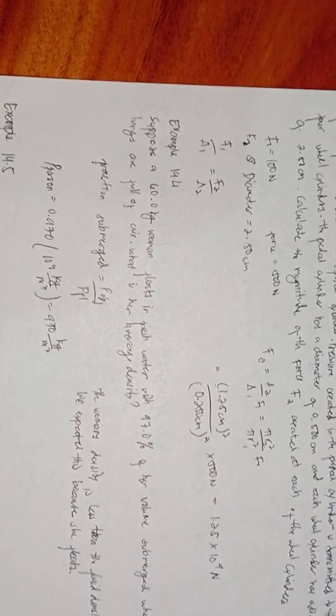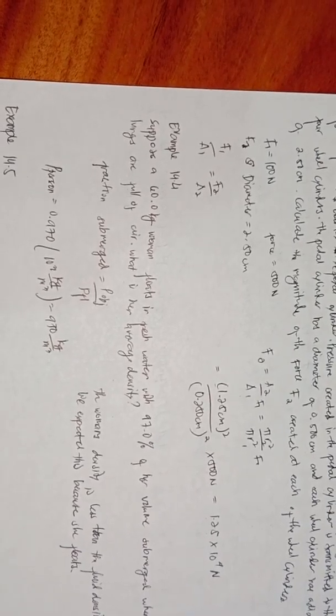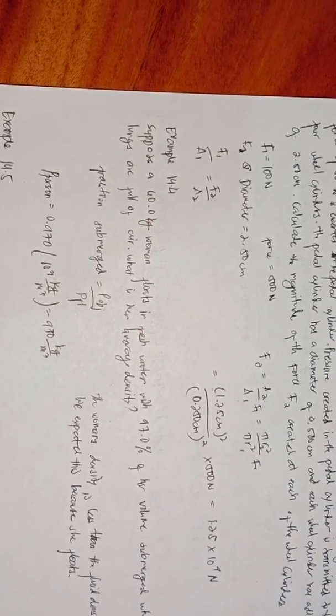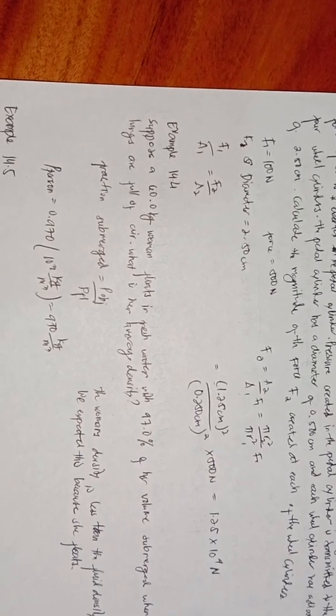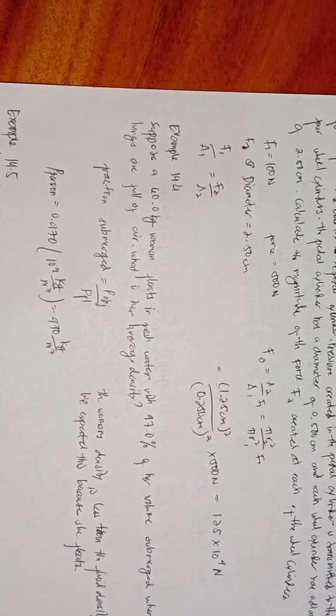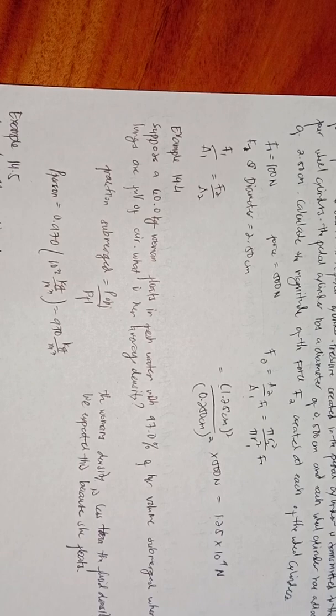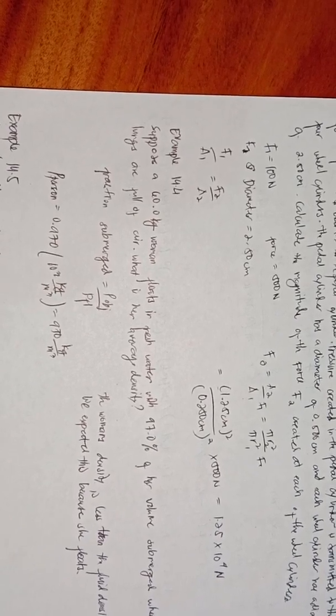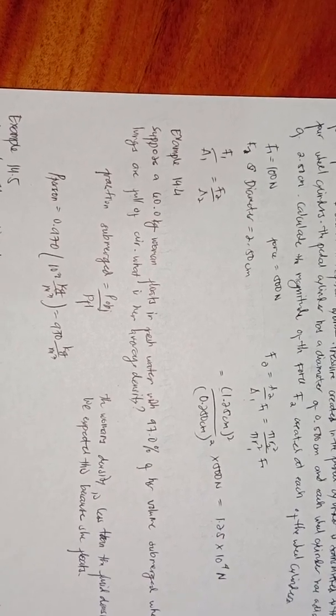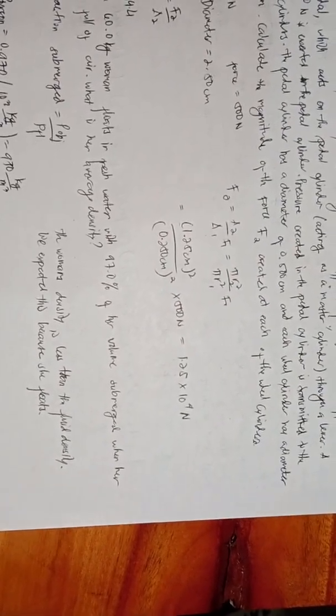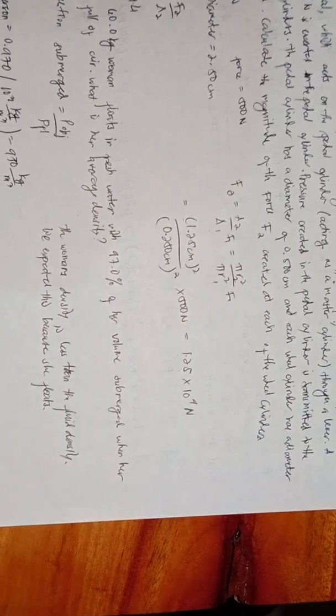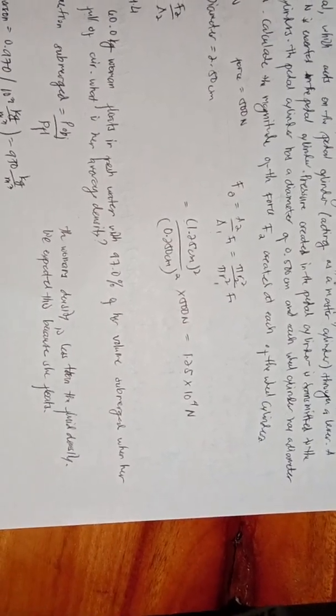Solution: F sub 2 is equal to A sub 2 over A sub 1 times F sub 1, which is pi r squared sub 2 over pi r squared sub 1 times F sub 1. That is 1.25 centimeter squared over 0.250 centimeter squared times 500 Newton, which is equal to 1.25 times 10 to the fourth Newton.